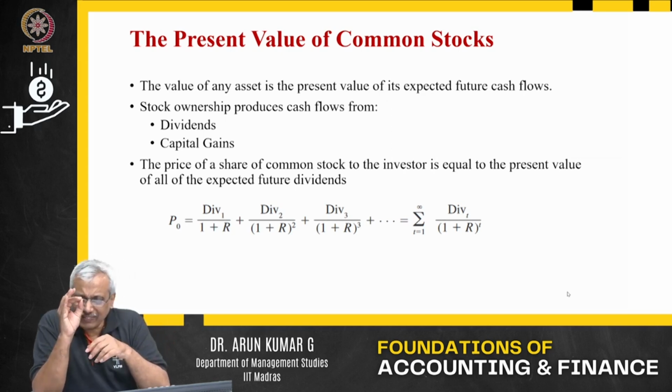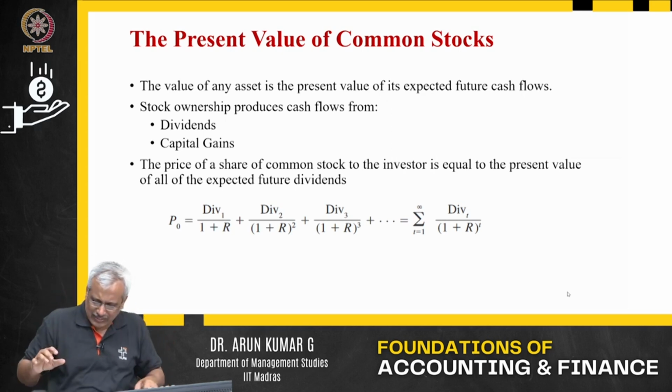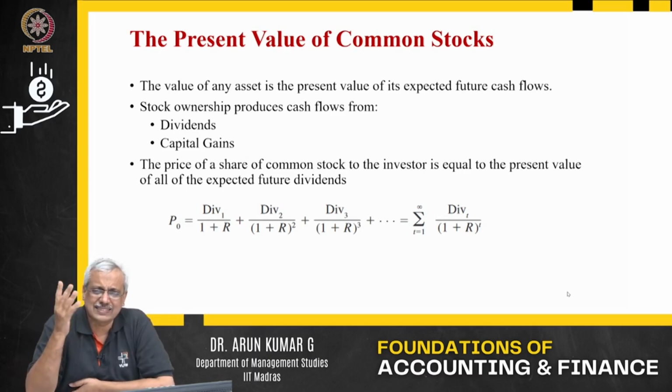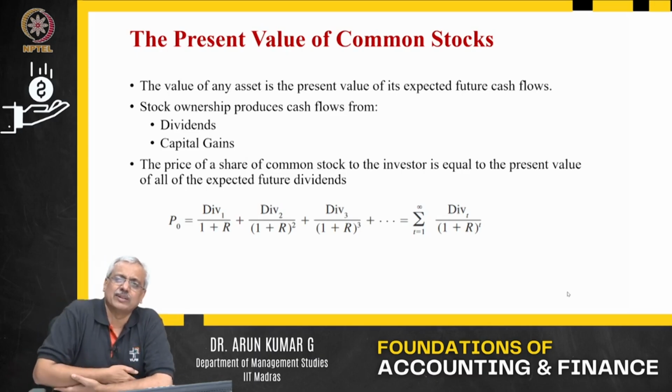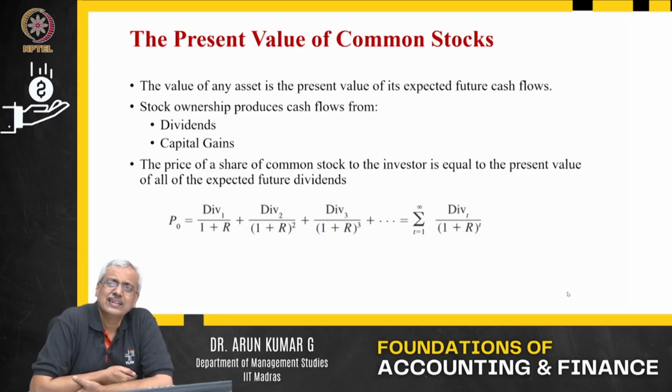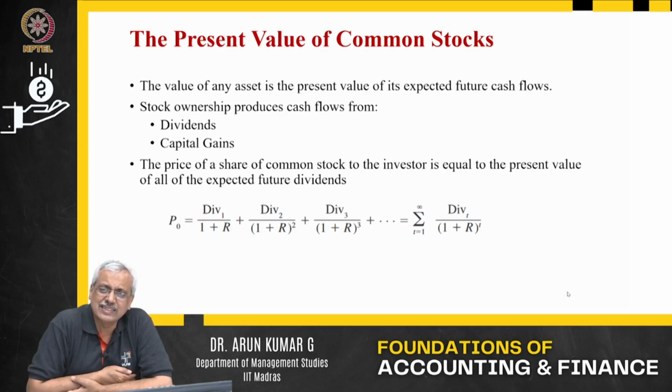Let us look at a dividend paying stock, a stock which consistently pays dividend. The capital gain is almost negligible in this case. There are many public sector stocks which could pay a huge amount of dividend where the capital gain is negligible. How do I find out the value of the stock?